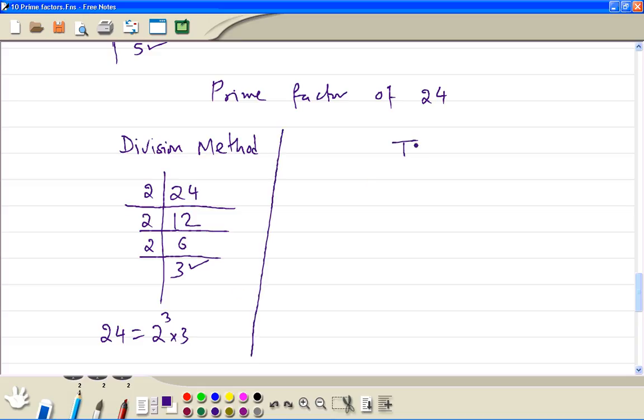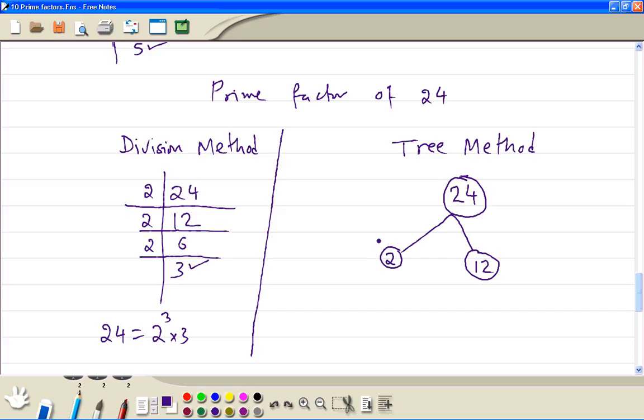Or we can use a tree method. So we start with 24. Now we split into two factors. One of them has to be prime, so that's 2. And it's 2 times 12.